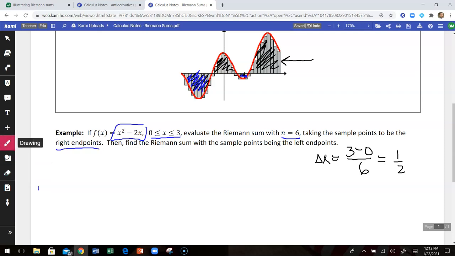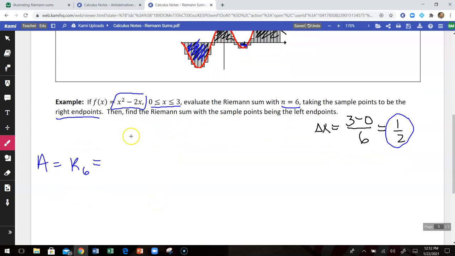Again, I'm going to use my right endpoints. I'm using 6 rectangles, and I'm going to factor out my width. Every one of these rectangles has a width of 1/2, and their heights are determined by the function evaluated at my right endpoints.